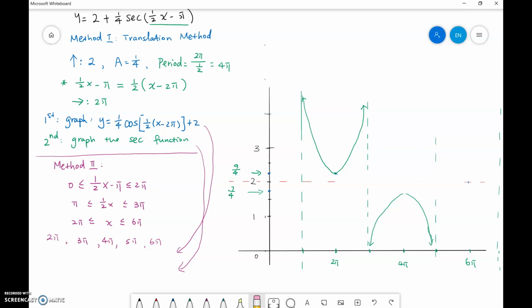Personally, I think it's really hard to directly graph those two, like directly getting the answer. I still prefer graphing the sine or cosine graph as the support step, and then graphing the corresponding secant or cosecant graph. Because that is how I graph it, I have the support. For this case, it's a cosine graph.